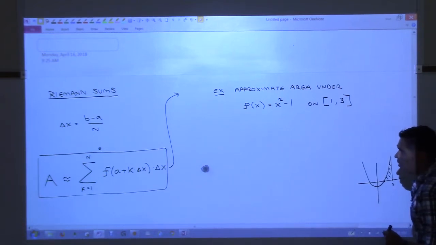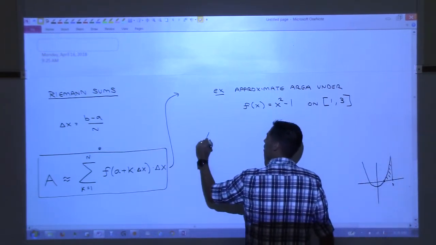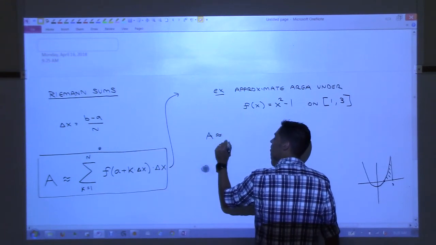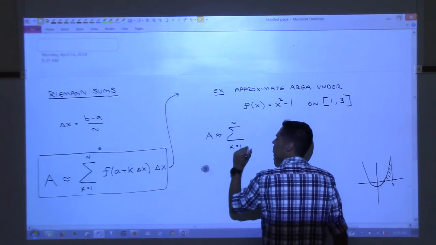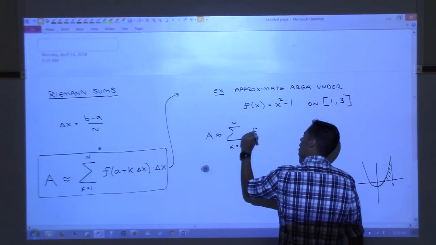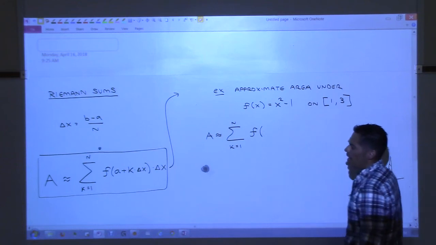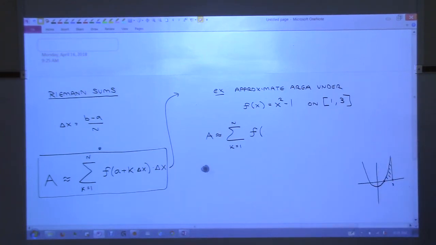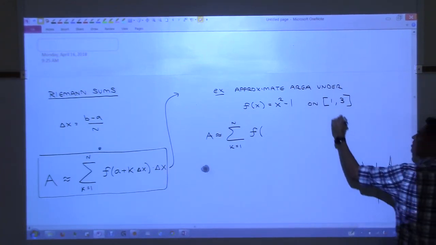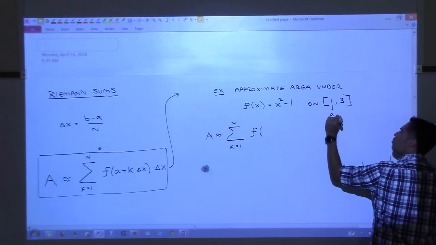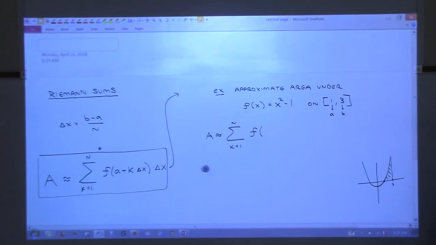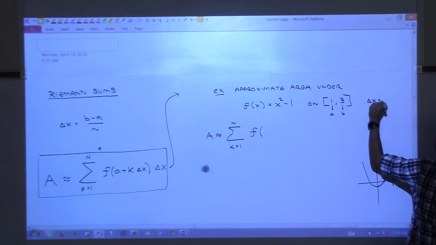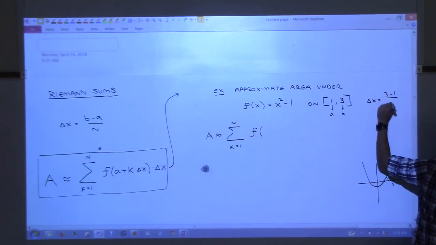Okay, according to our formula, the area should be approximately equal to the sum k equals 1 to n of f of a plus, well, we know what a is, right? What's a? A is 1, and what's b? 3. If we have a and b, don't we have delta x, kind of? What's delta x? So that's 3 minus 1 over n, right?